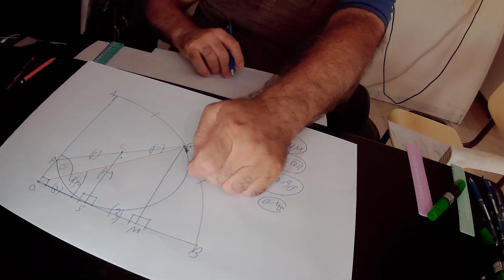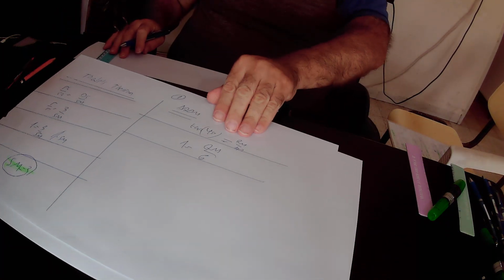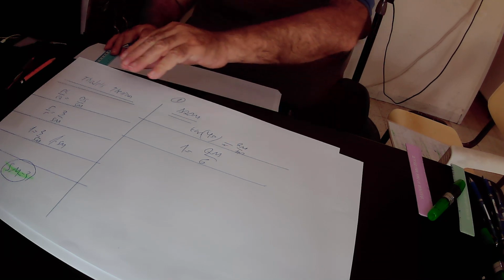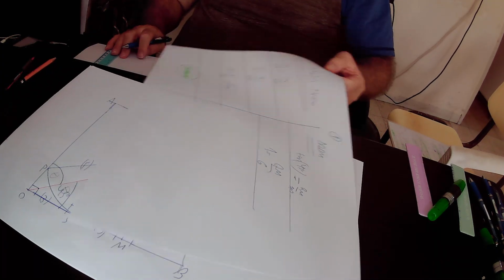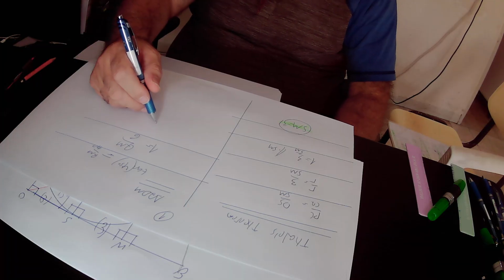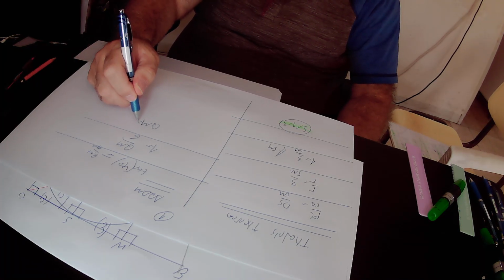So in total, we have found out that 1 equals QM over 6. Here we multiply this equation by 6. And finally we get that QM, the missing side QM, is equal to 6 units in its length.